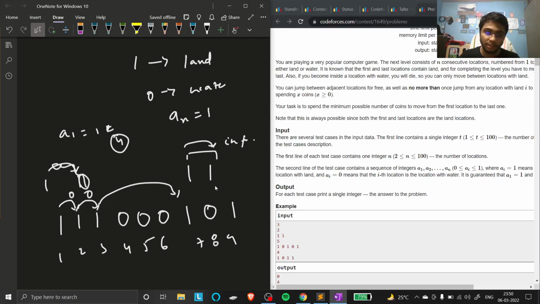But you can jump only once. You can make only one big jump, where the distance is more than one. If the difference is greater than one, it is valid for only one jump.